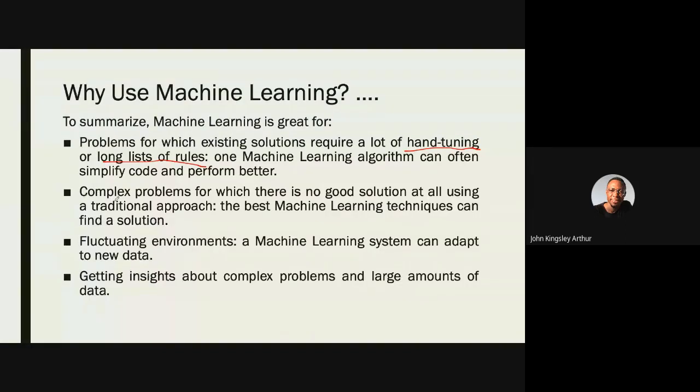Number two, complex problems for which there is no good solution at all using the traditional approach, the best machine learning techniques can find a solution. So in those cases, machine learning algorithms become that much more relevant for use. Also in situations where we have a fluctuating environment.